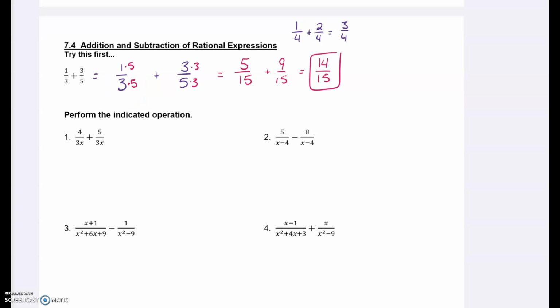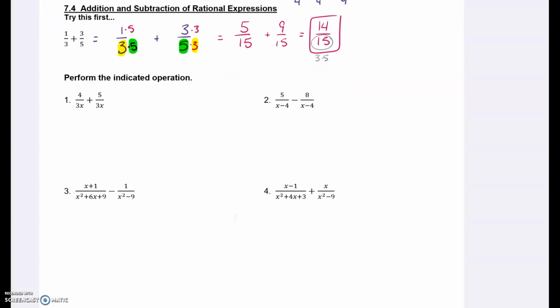The one thing I want you to see here is that in the fractions we are able to add, both of them have a factor of 3, both of them have a factor of 5, and then we are able to add the tops together. The final denominator is still 3 times 5, so it has that factor of 3 and that factor of 5. That'll make more sense in a minute.